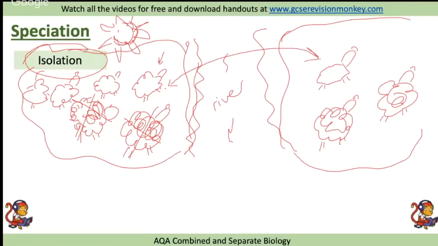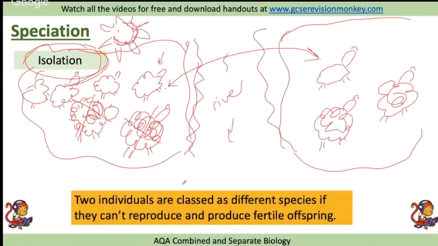So if they're talking about making a new species, talk about natural selection that we talked about previously, but add in the word isolation. And if you end up making a new species, by definition, if two individuals are classed as different species, if they can't reproduce and produce fertile offspring, that's a key definition for what makes a different species.